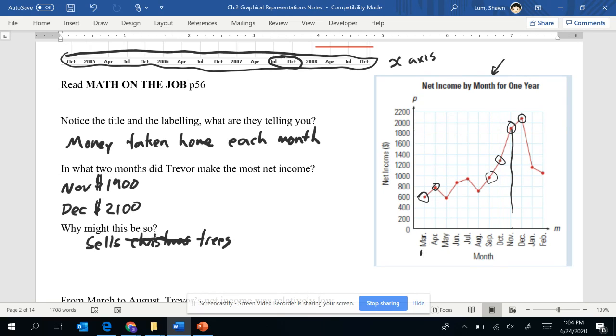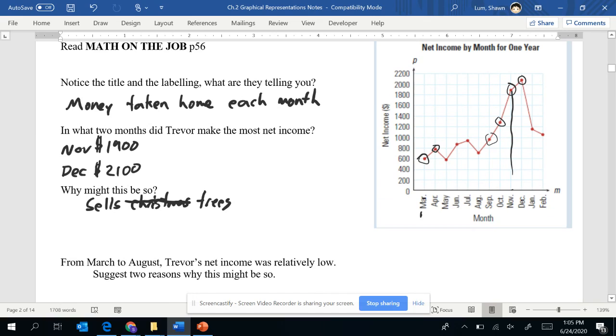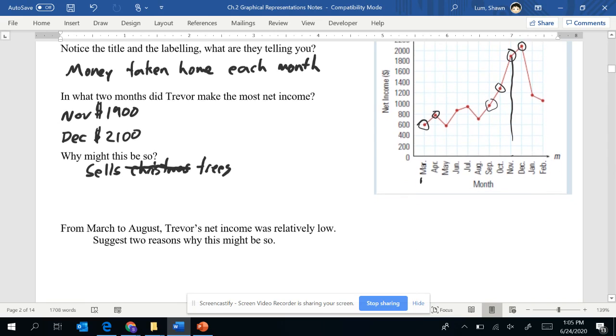Okay, so a lot of different maybe kind of explanations for this. Maybe he has a hot chocolate stand, okay, and sells more stuff when it's colder out. Okay, so a lot of different explanations that we can come up with, a lot of different guesses, but this graph can kind of help guide us with some of those guesses.